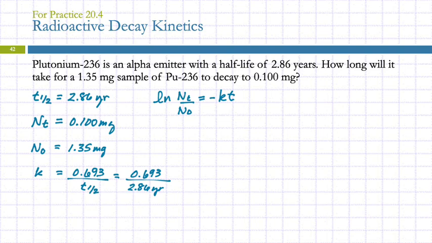Different units of time can be used here. You just need to keep track of them and make sure that your answer matches the answer requested in terms of units, right? If it gives an answer in seconds and you're answering in years, it's not going to be good. So 0.693 divided by 2.86 is 0.24231. It's always a good idea to keep a couple extra digits.